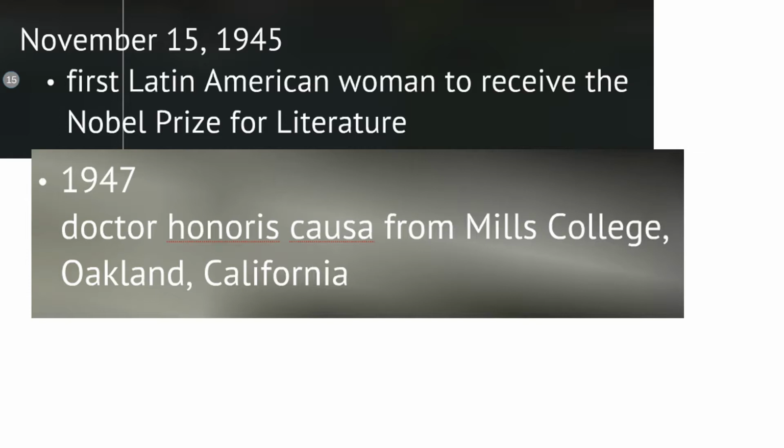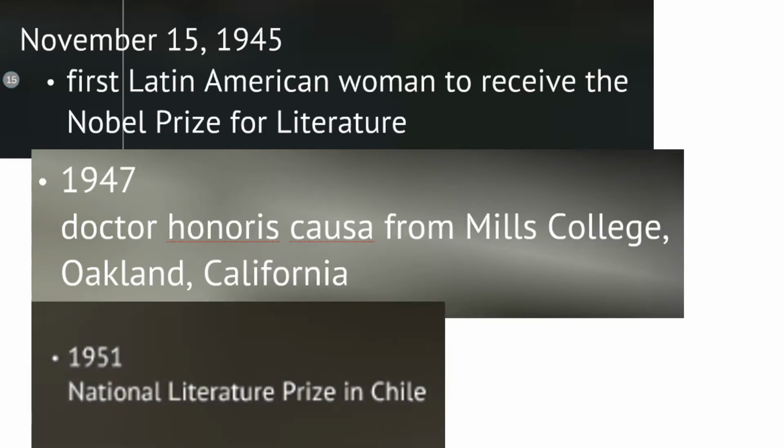In the case of Gabriela Mistral, it's the field of literature and writing. This explains why, even though she did not finish college, she became a very well-known professor, doctor actually. And in 1951, finally her own country recognized her and gave her the National Literature Prize in Chile.